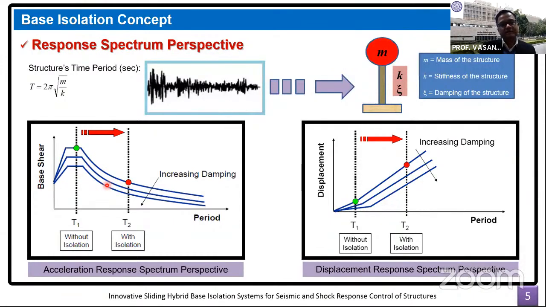So if I consider the example of a flexible or tall structure, its time period will already be in the zone where it will attract lesser seismic forces. So therefore, isolation may not be necessary.